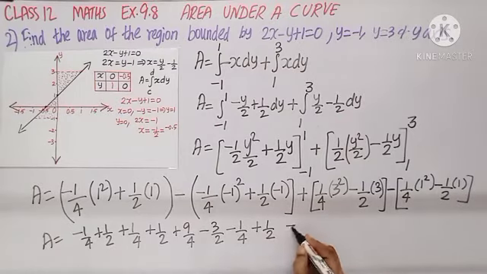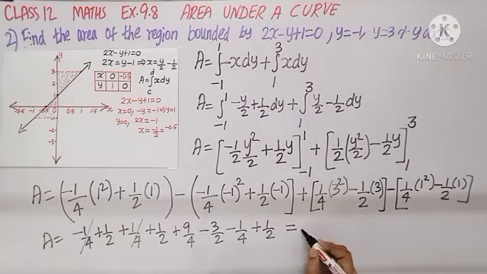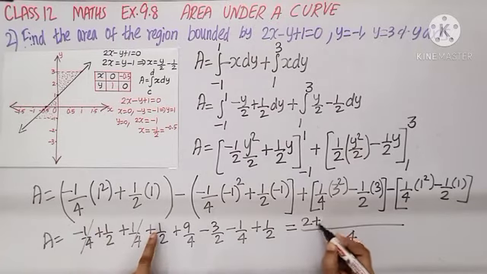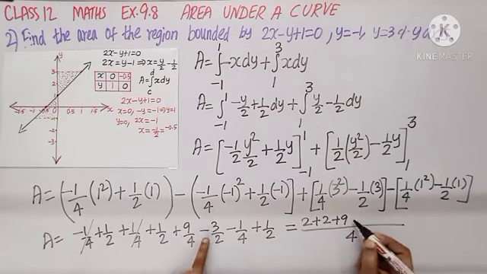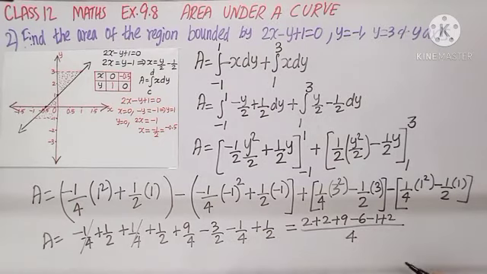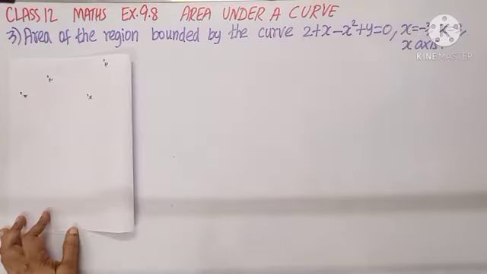Check whether any terms get cancelled. Plus 1 by 4 minus 1 by 4 cancels. Taking LCM 4, it is 2 plus 2 plus 9 minus 6 minus 1 plus 2. Simplifying, we get 2. Required area is 2 square units and hence the problem.